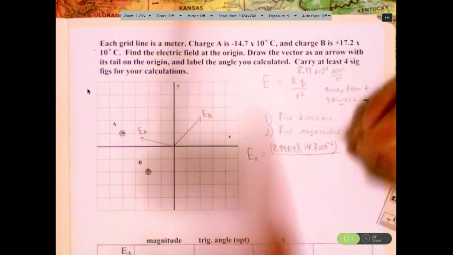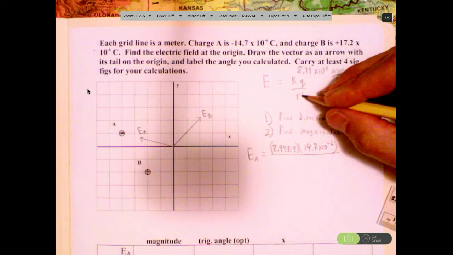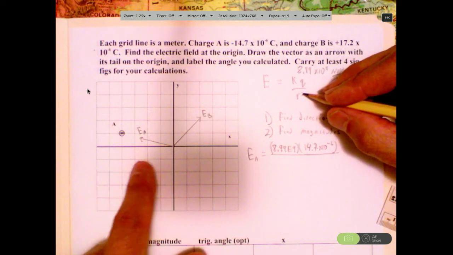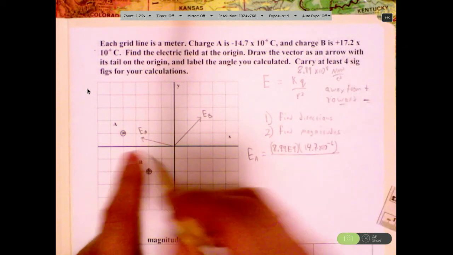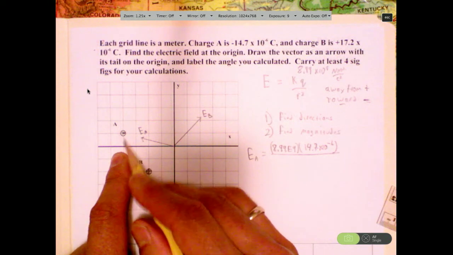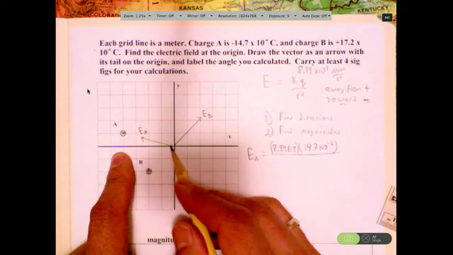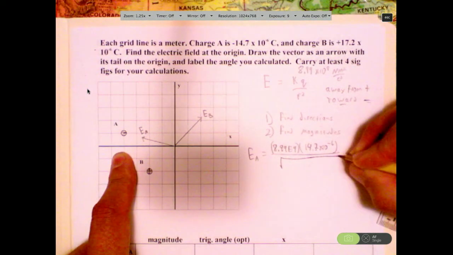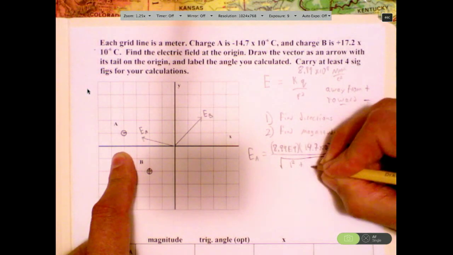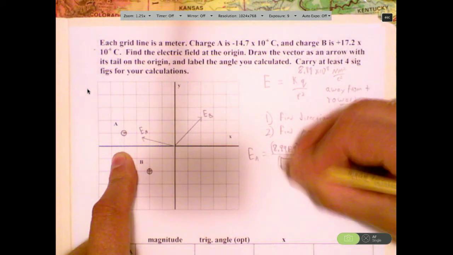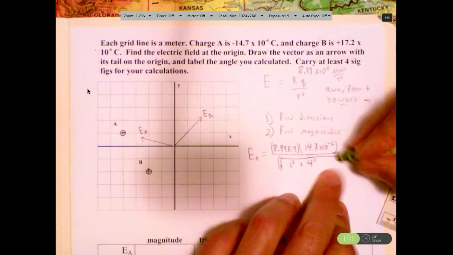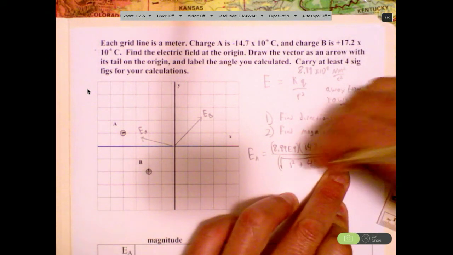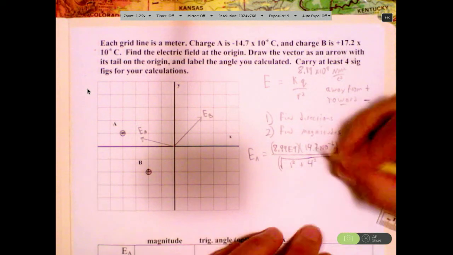And now the distance squared, we can do the same thing we did with Coulomb's law. This thing is up 1 and over 1, 2, 3, 4. So it's really the square root of 1 squared plus 4 squared, and then that whole thing is squared.